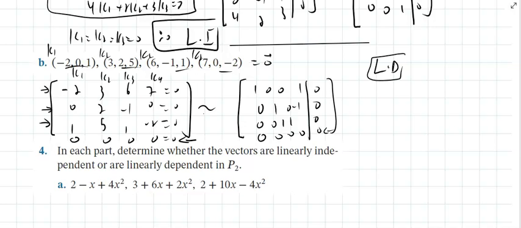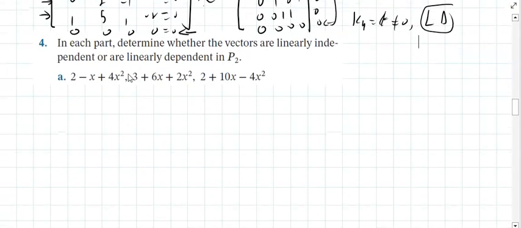Since this could be anything at once, it could be 1, it could be 3, right? And that's not identically 0. This is linearly dependent. Again, I have more vectors than the unknowns. Obviously, I have one extra vector I have to really get rid of, and that by itself is going to make it linearly dependent.